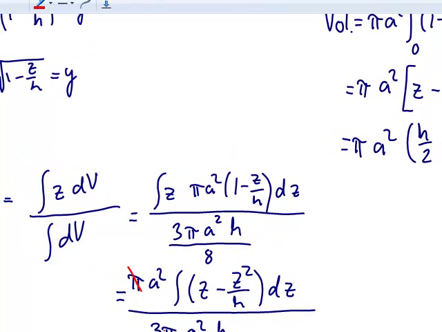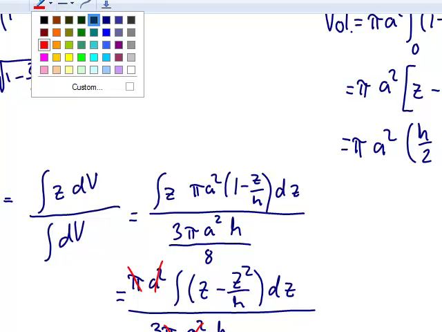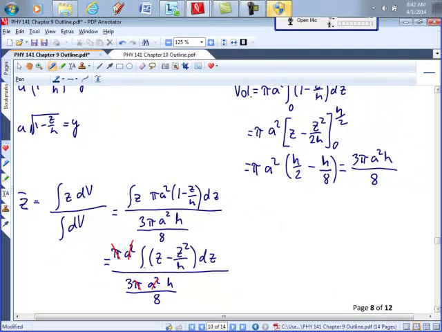So let's get rid of the pi's, get rid of the a squareds, and we're integrating between 0 and h over 2 again.